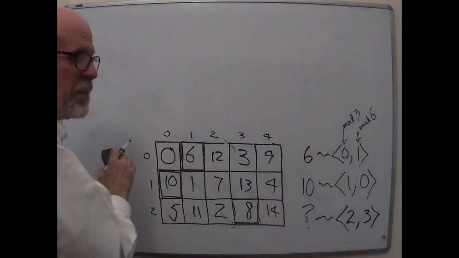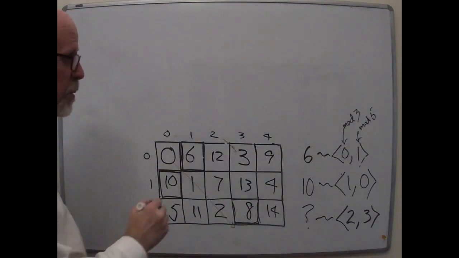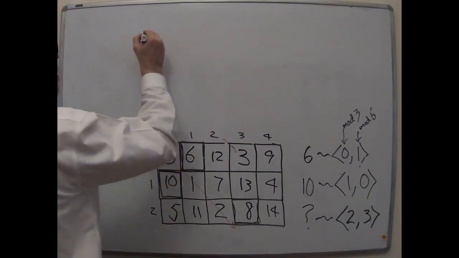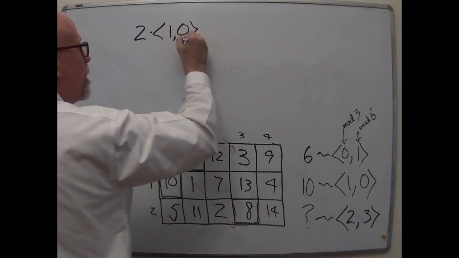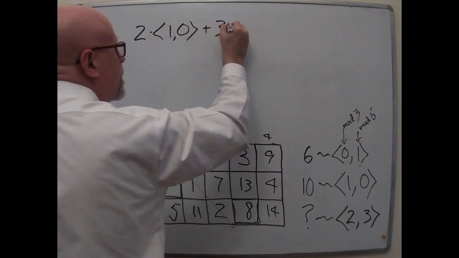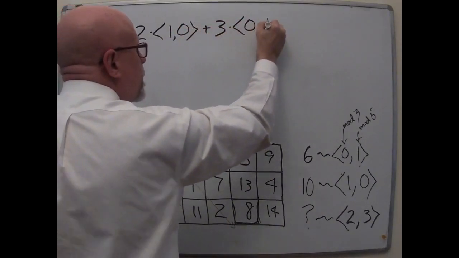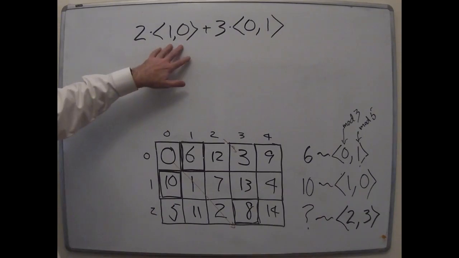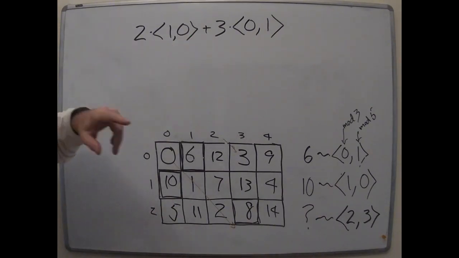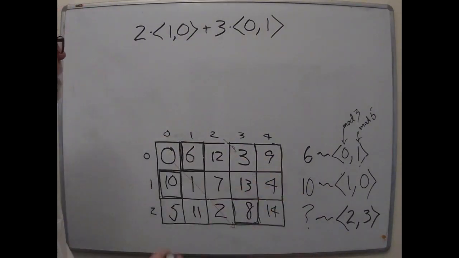If you were thinking of them as vectors, you'd go, well, what we want then is 2 times (1, 0) plus 3 times (0, 1). Now, I'm not sure that you really need to think of them as vectors, so you can just replace these weird vector things I noticed with the numbers 6 and 10.